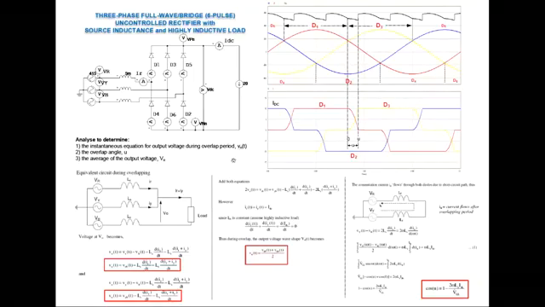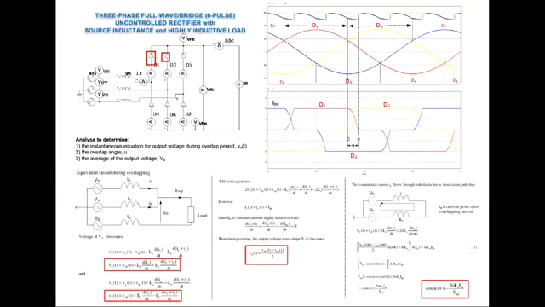To do that, we need to consider the equivalent circuit during the overlapping period. D1 is on, D3 is on, as well as D2 at the bottom group.